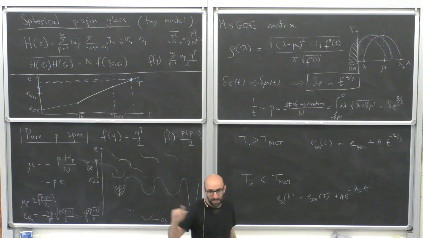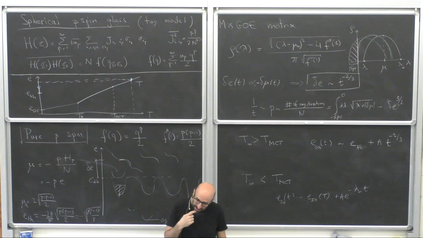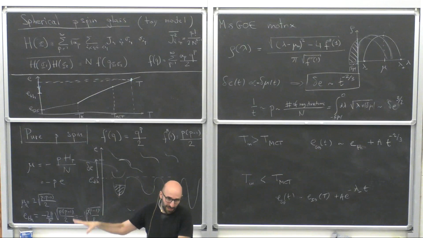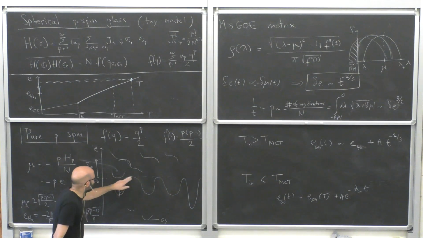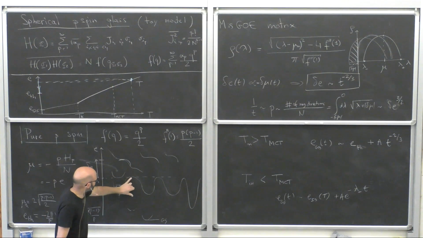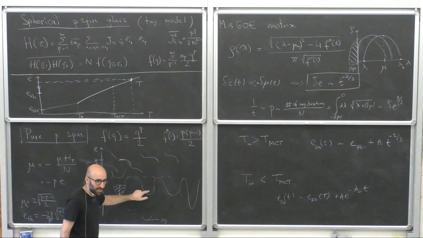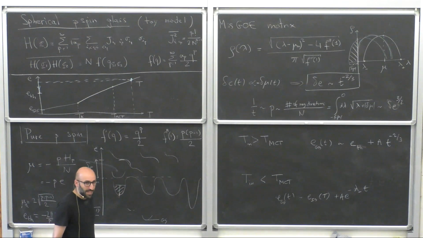Now, the debate on the glasses is due to the fact that in real glasses in 3D, this is mean field. In mean field, the time it takes to jump from one state to the next is exponential in n, so it's very slow. In finite dimension, it's not like that.